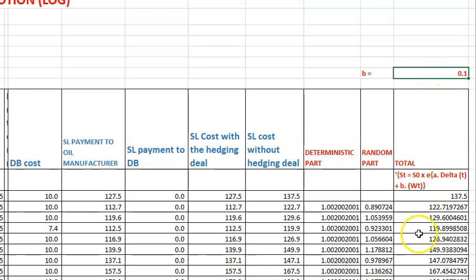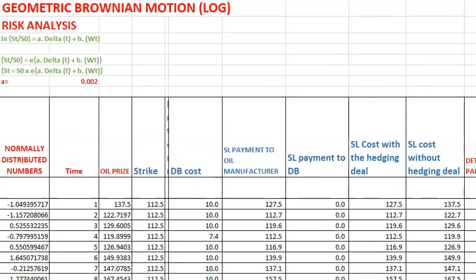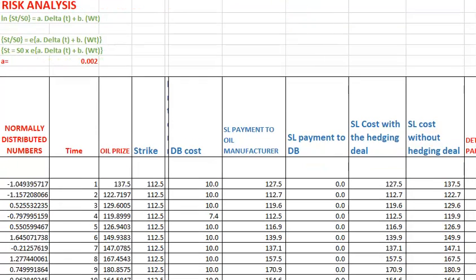Again, just a guess. Someone could ask, how do you get these coefficients? All I'm going to say is I just guessed it. In real life, you have to look at the historical data for the past 10 years or 5 years, do a simulation, and then do a curve fitting, and then you could get those functions.